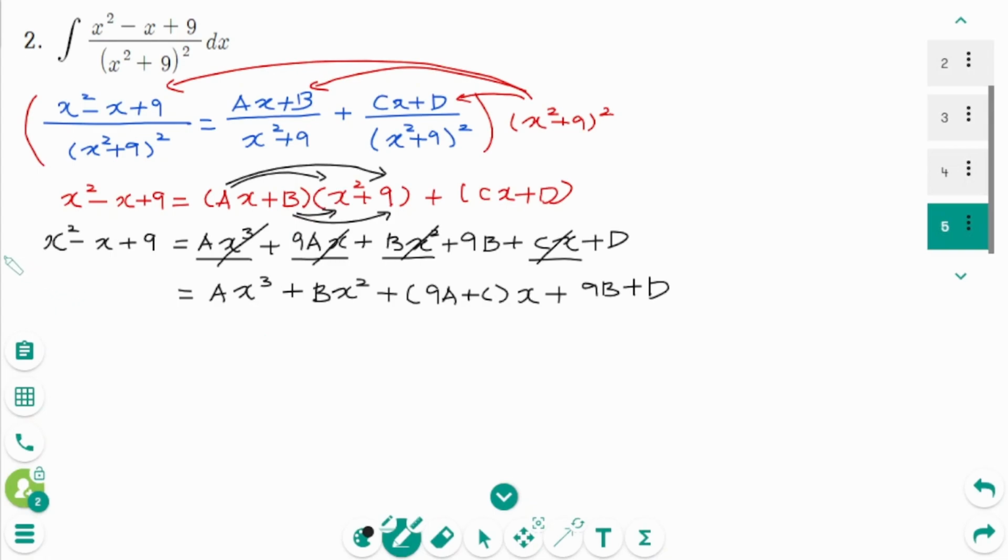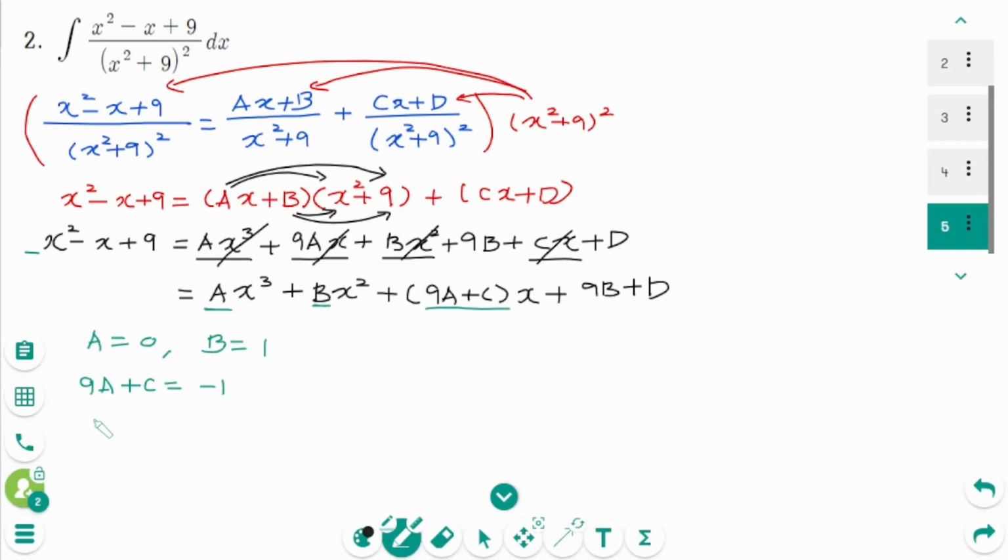There is no x cubed term, so a equals 0. Then bx squared is x squared, so b is 1. Then this part, 9a plus c times x, is minus x, so 9a plus c equals minus 1.